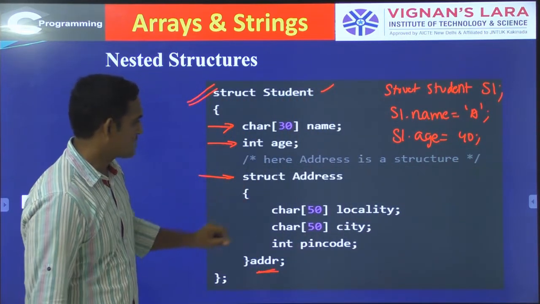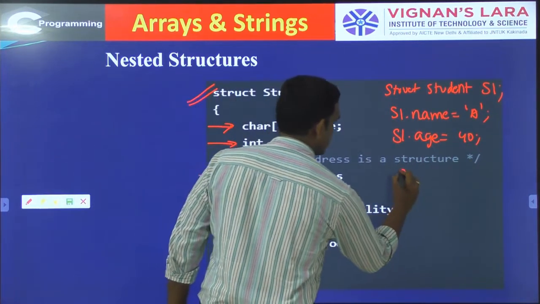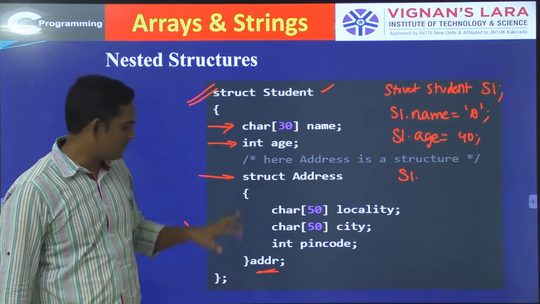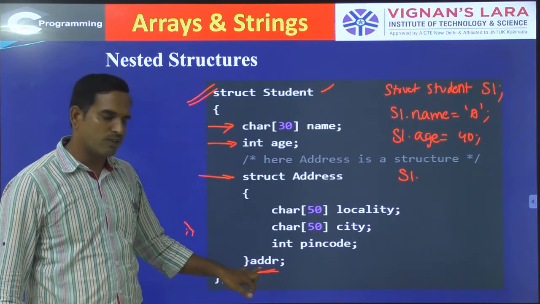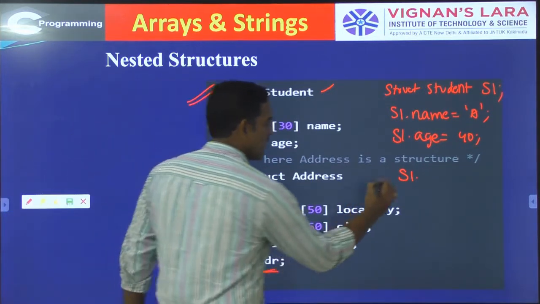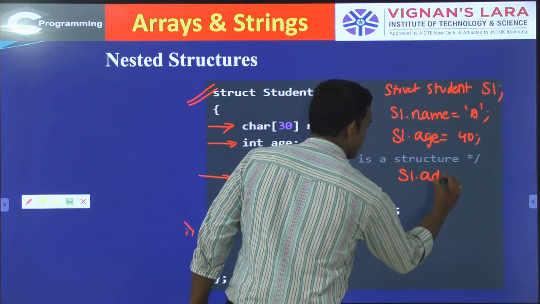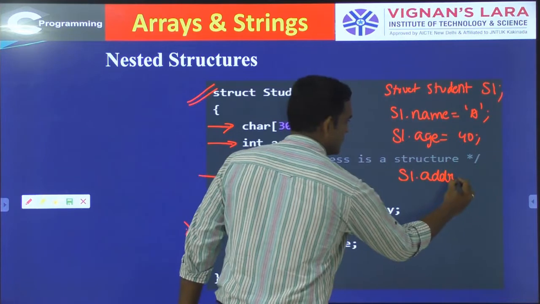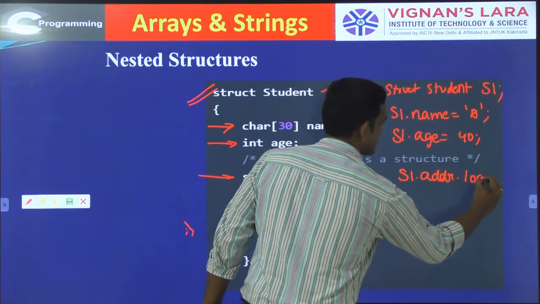Or you can access address. Since the address is an inner structure and there is a variable for that particular inner structure, I have to use that variable as well, addr. After that I have to specify the locality.